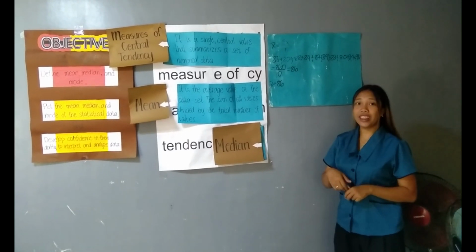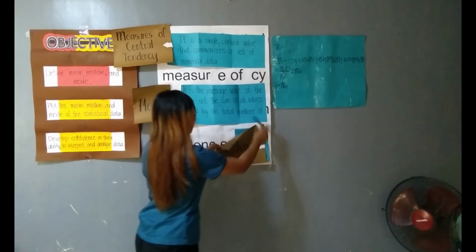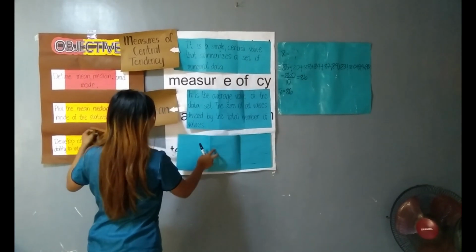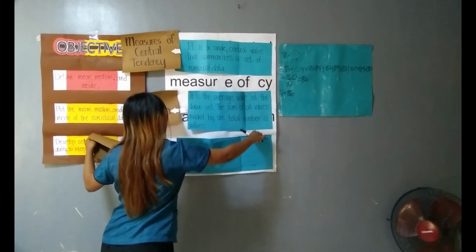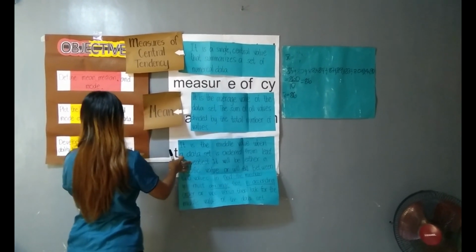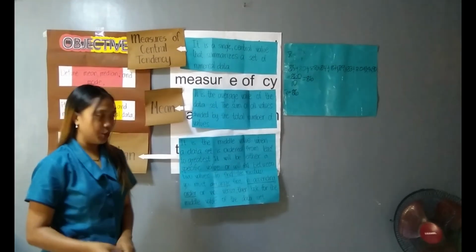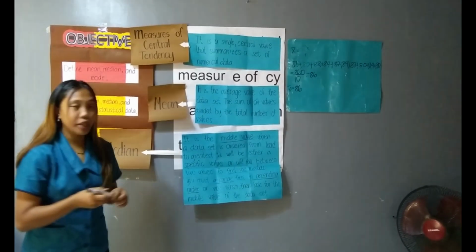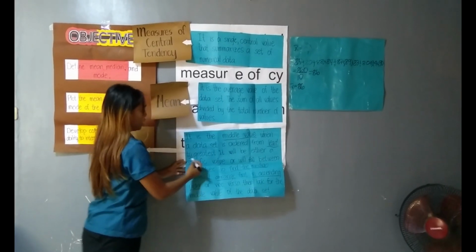So, do you get it? Okay, very good. Let's now proceed to our median. So, what is median? Our median is the middle value when a data set is ordered from least to greatest.